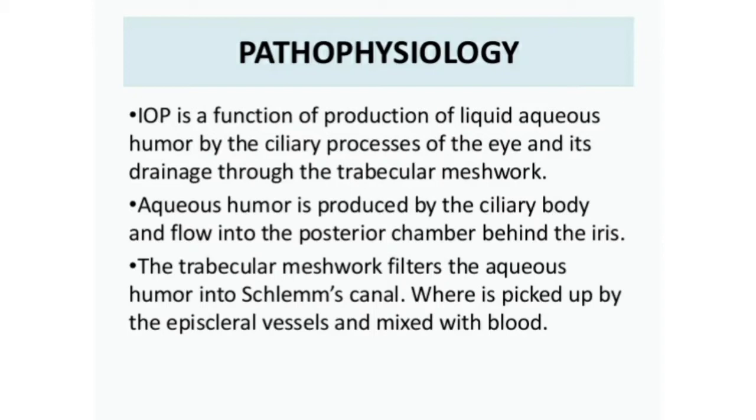From the ciliary process this liquid is produced, and it circulates and moves through the pupil to the anterior chamber, and then it drains into the trabecular meshwork, and at last it drains into the Schlemm's canal, and from there it is drained by the episcleral vessels, and eventually it mixes with the blood.